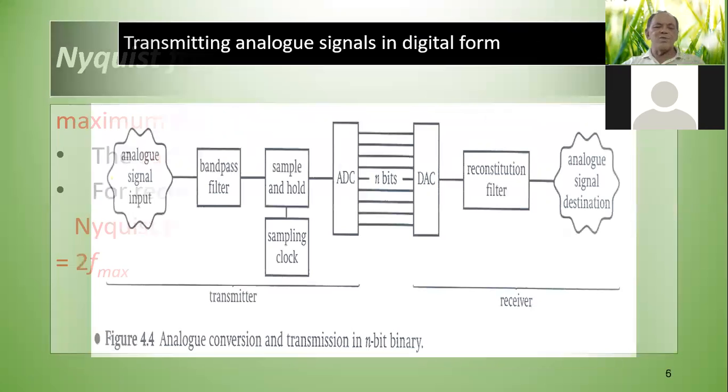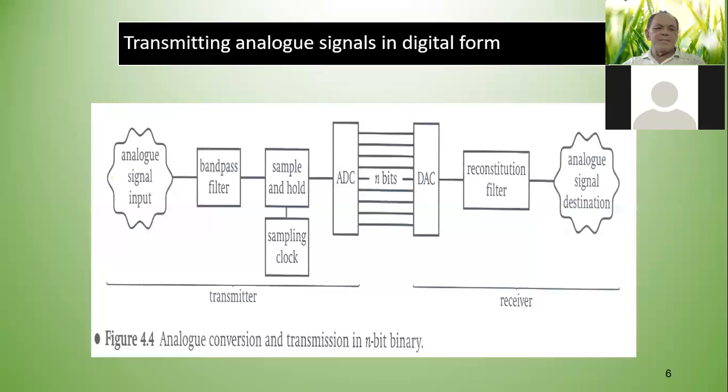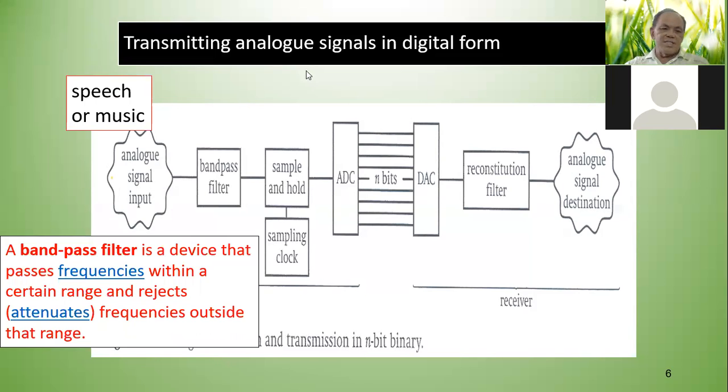Okay, so now we are going to look at the transmission of the analog signal in digital form. First, it can be your speech, your music, or your data. Analog signal, that's where your input is. It passes through a bandpass filter, a device that passes frequencies within a certain range and rejects or attenuates frequencies outside the range.